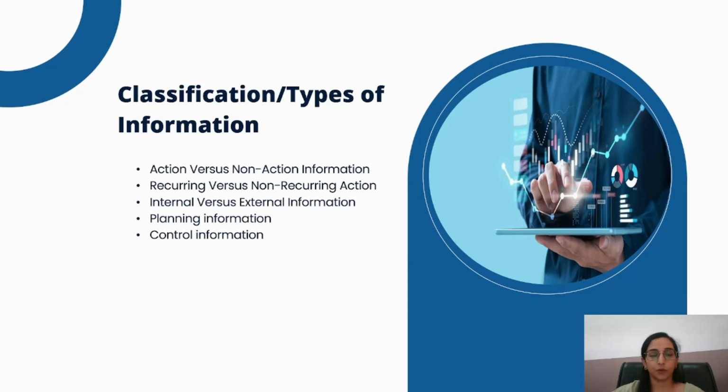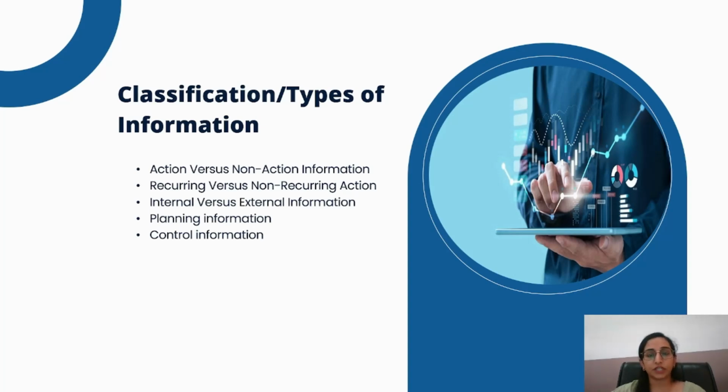A stock report calling for a purchase is action information, but the stock ledger showing the store transactions and the stock balances is non-action information. Second type is recurring versus non-recurring information.